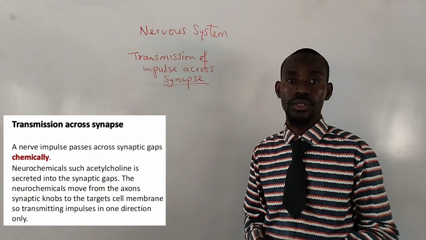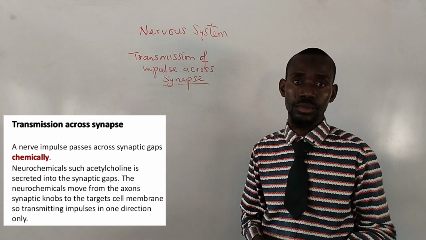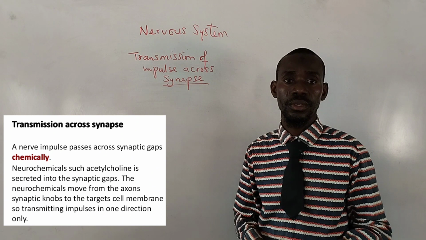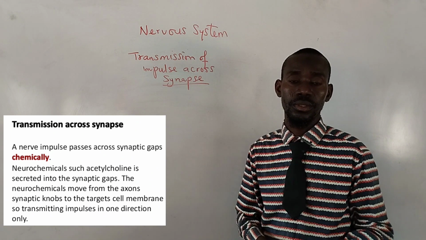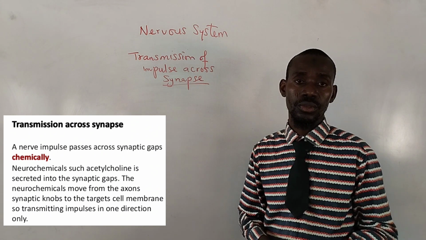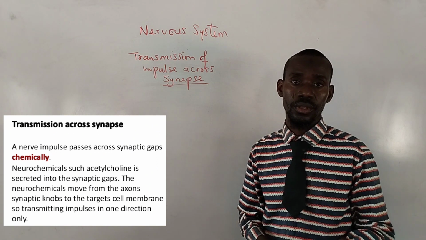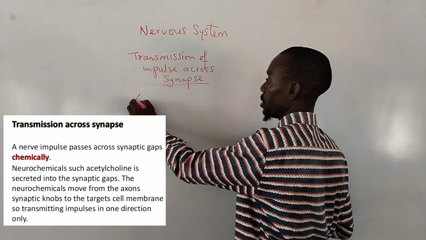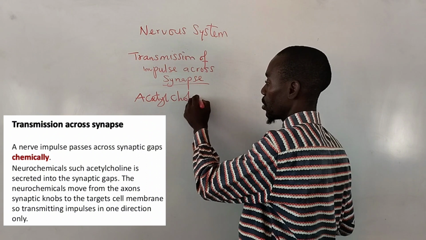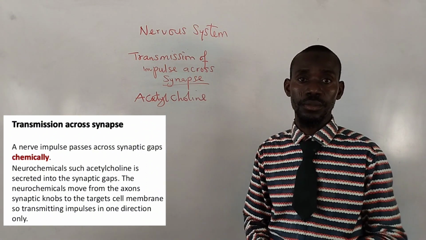There is a gap called a synaptic gap where impulses have to pass through. So there are neurochemicals within the gap. These neurochemicals help to transmit the electrical impulse from one neuron to the other neuron. An example of such a neurochemical is acetylcholine. It's a neurochemical found at the junction of the synaptic gap.